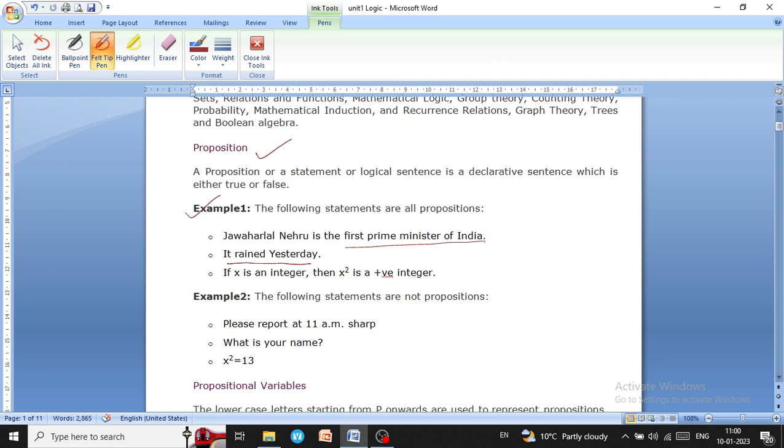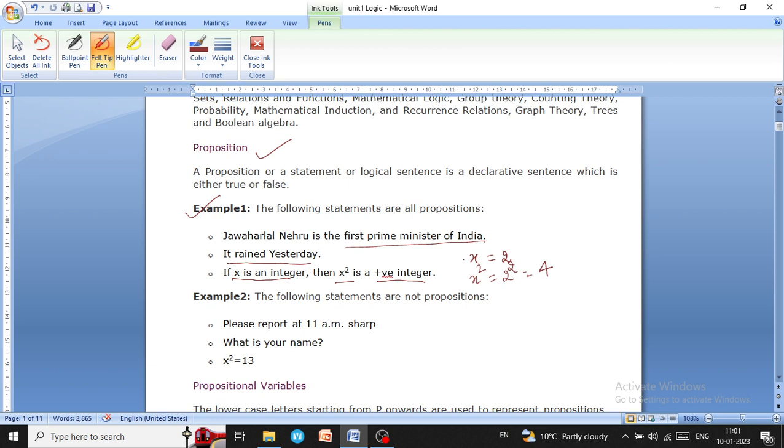The next statement is: if x is an integer, then x raised to power 2 is a positive integer. Is it true or false? If we take x equal to 2, then x squared is 4, which is a positive integer.